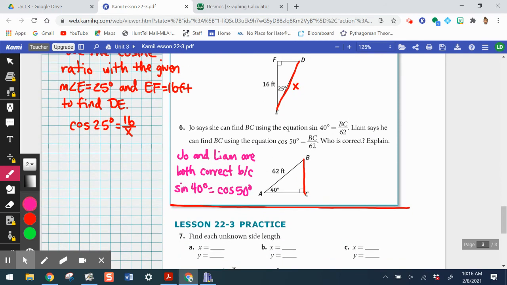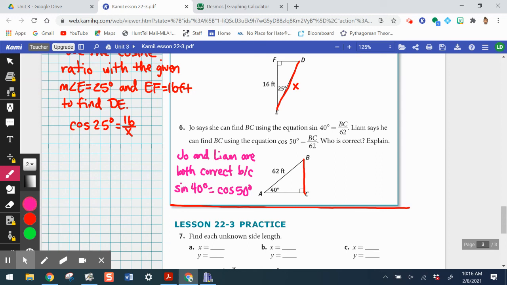It says Joe says she can find BC using the equation sine of 40. So she is assuming that in reference to the 40-degree angle, BC is the opposite side, which Joe is correct, and 62 is the hypotenuse, which, again, Joe is correct there. Liam says that he can find BC using the equation cosine of 50 degrees.